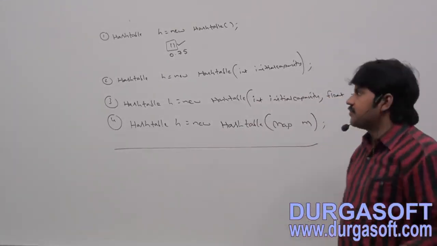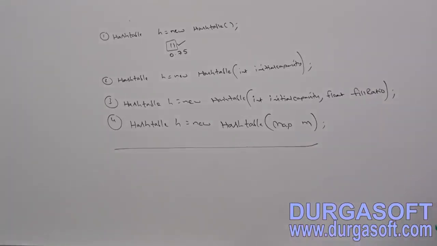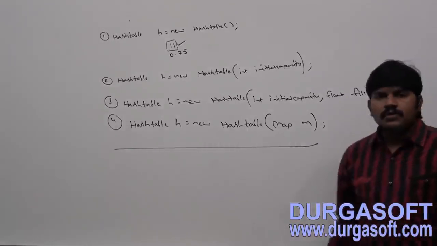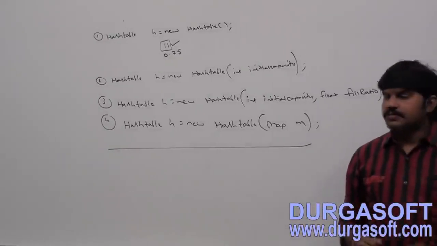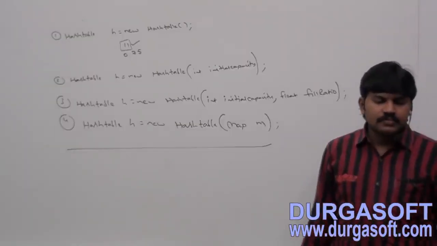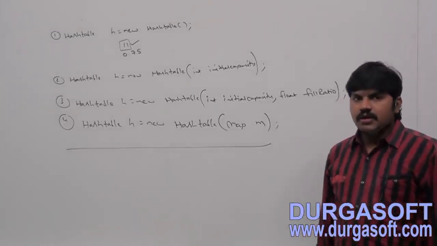Add the first one, hash table h is equal to new hash table. Is T small or capital? Small, make sure.